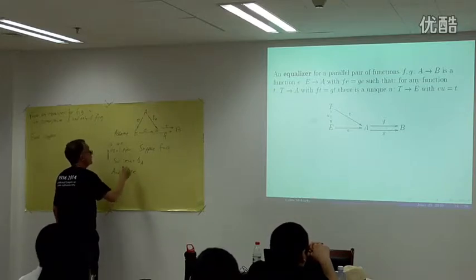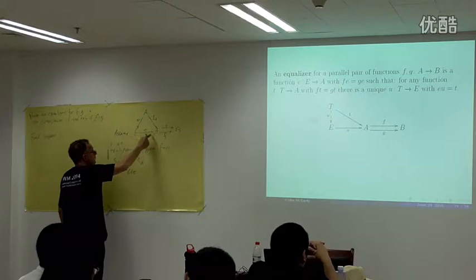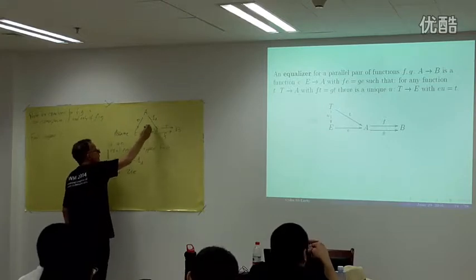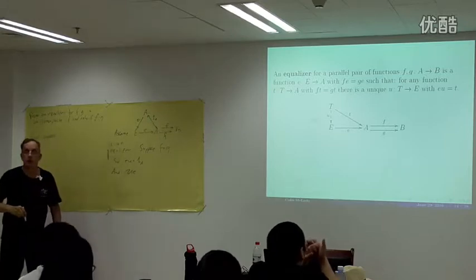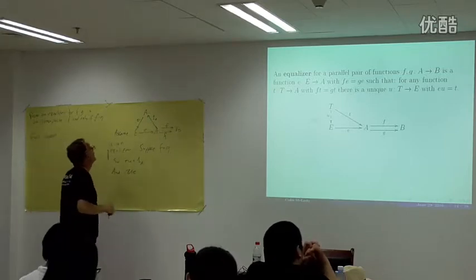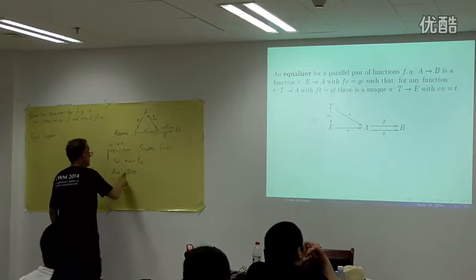U followed by E, well, that's E. The identity arrow goes both directions. Right. Oh, yes. So UE.